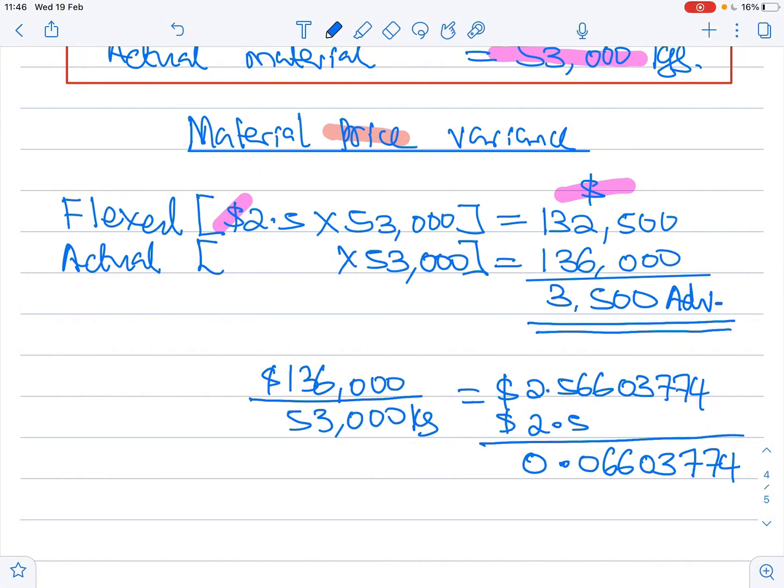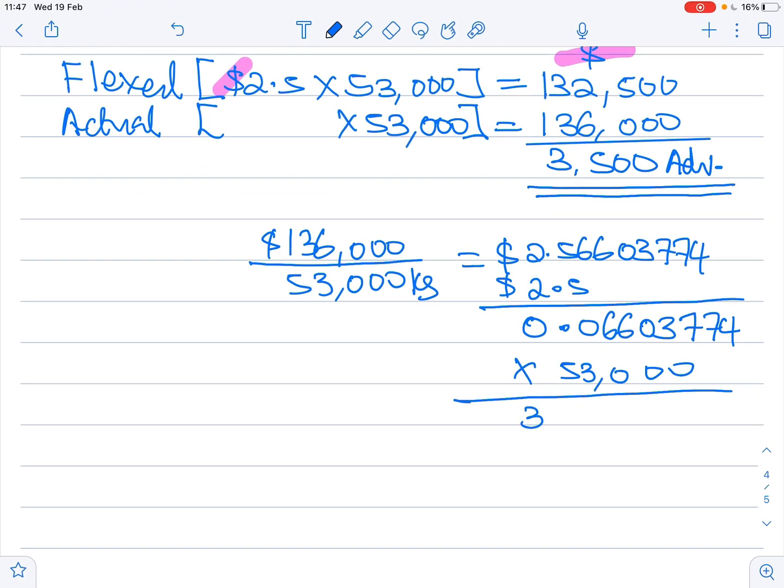But our friend did not buy just 1 kg. He bought 53,000 kgs. If you multiply this by 53,000, what would you get? Everything on the screen of your calculator, multiply it by 53,000, and that's going to give us 3,500. So these guys spent more, and it will be adverse.